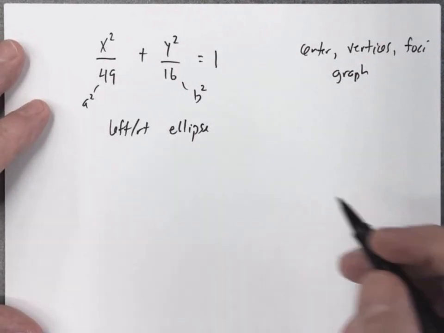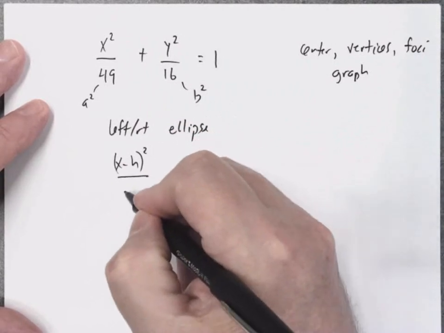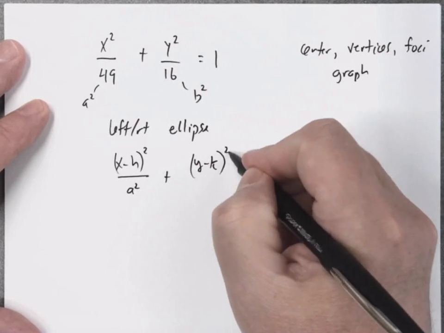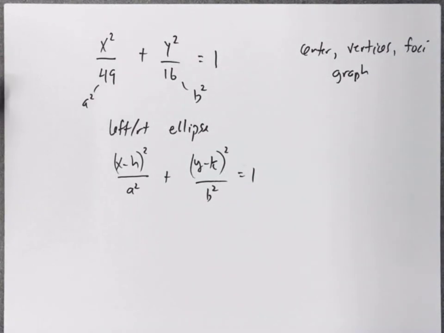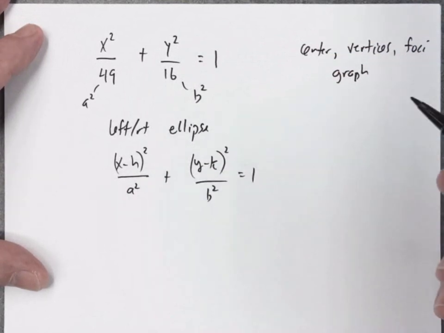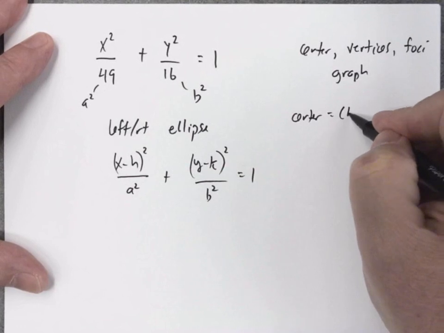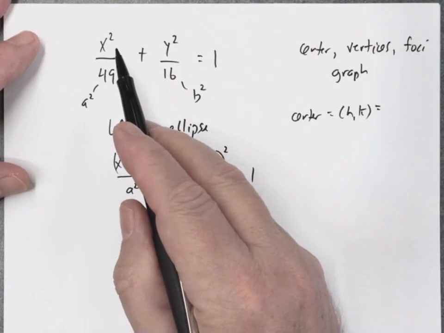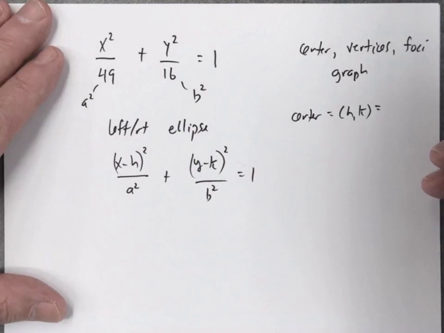Let me go and write the standard equation for the left or right ellipse: x minus h quantity squared over a squared plus y minus k quantity squared over b squared equals 1. So by simply comparing these 2 equations, the center of the ellipse is (h, k). You can see up here actually there aren't any parentheses, which means h and k are both 0.